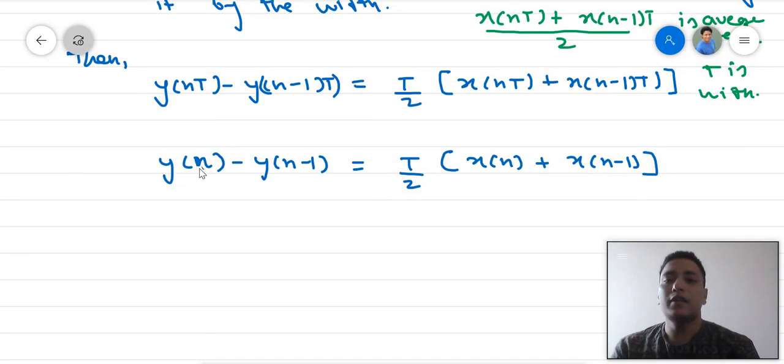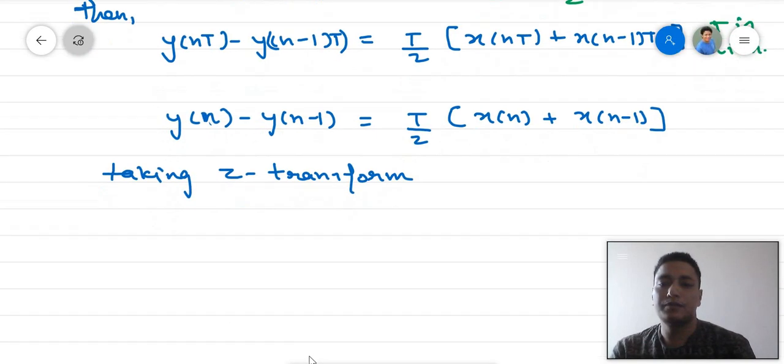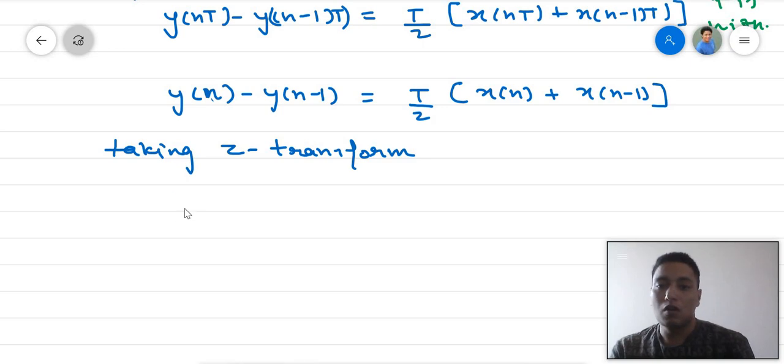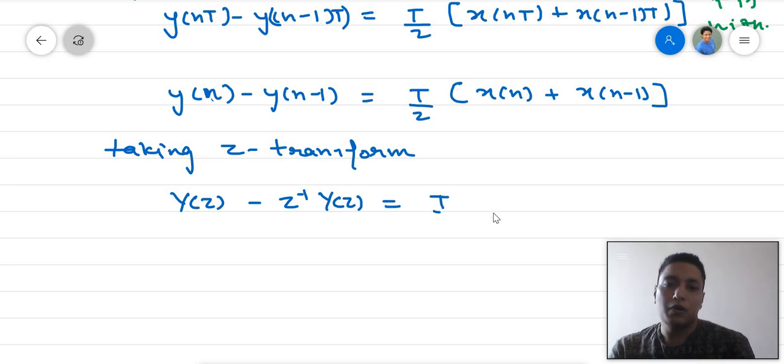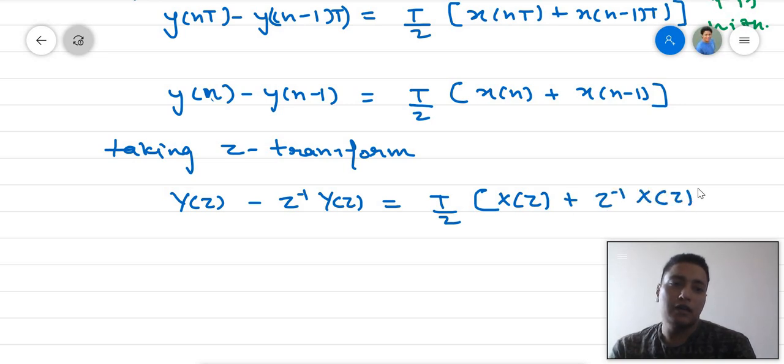Then we can write the equation as y(n) minus y(n minus 1) equals T by 2 times x(n) plus x(n minus 1). Now taking the Z transform will give Y(z) minus z inverse Y(z) equals T by 2 times X(z) plus z inverse X(z).